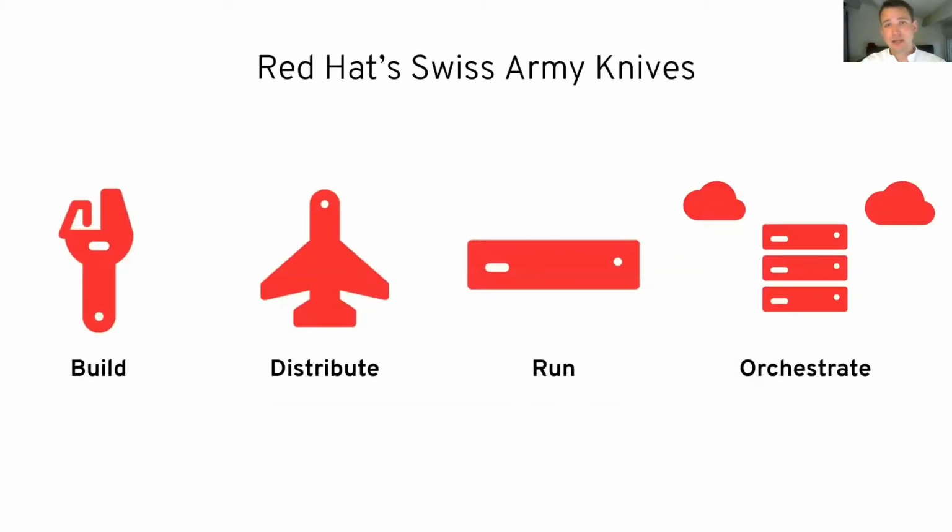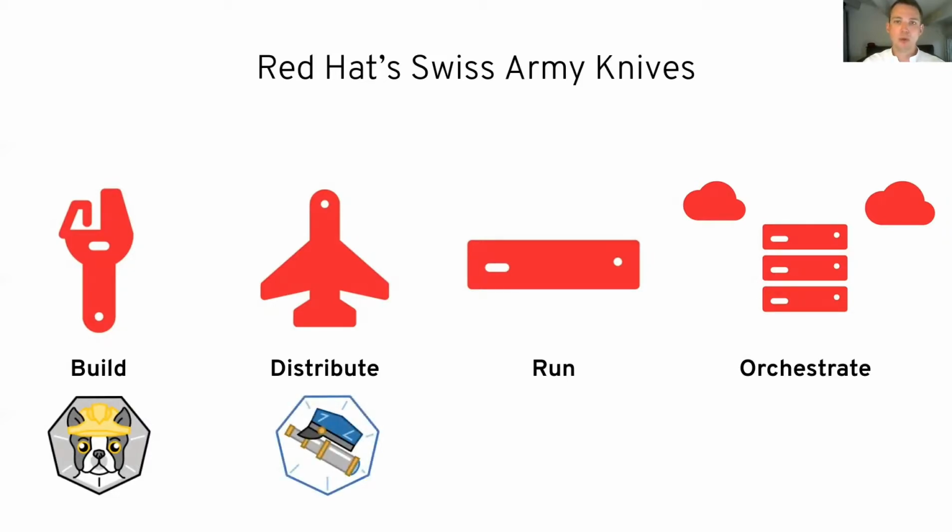So the Swiss Army knives, the projects that Red Hat started and that we're now collaborating on with other companies and with the community, we have categorized into pretty much four: build, distribute, run, and orchestrate containers. So for building, we have Buildah. For distributing, we have Skopeo.